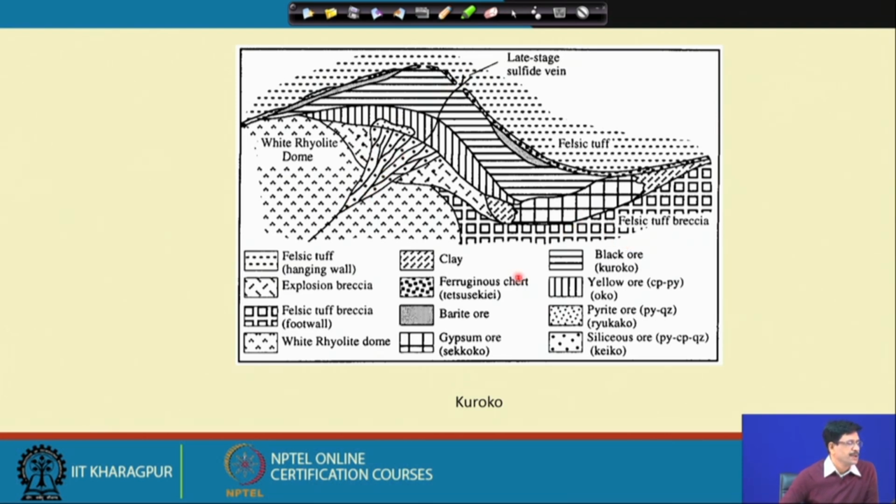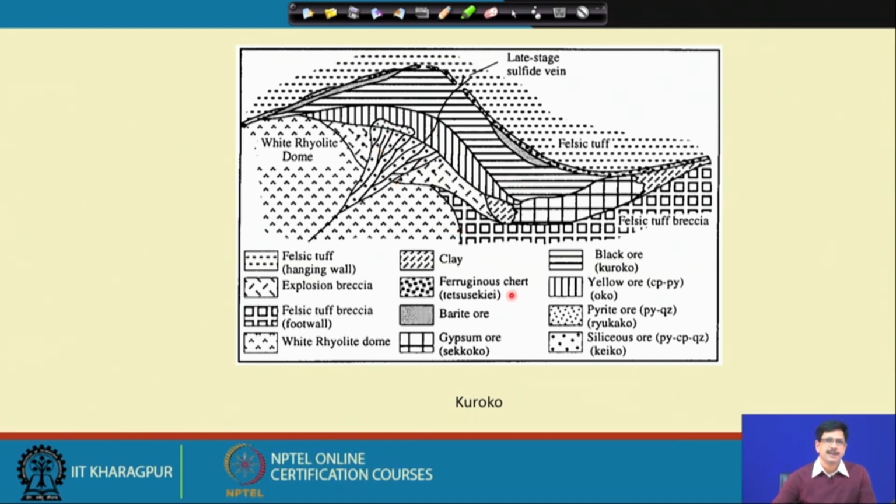In the Kuroko terminology, they call this ore the black ore, which is shown here as this blanket of black ore, and this is the yellow ore, which is chalcopyrite and pyrite. The black ore is essentially lead rich ore, and it is also associated with some barite as well as gypsum in the assemblage, indicating that the fluid is essentially sea water.